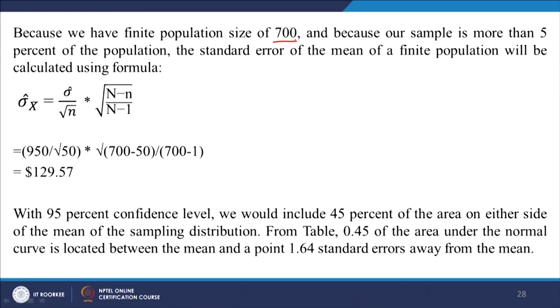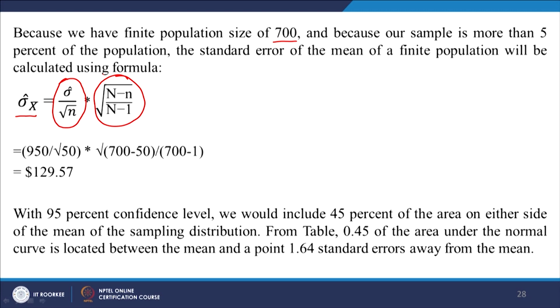So, in such a condition, the sigma x, or the standard error, is calculated in a slightly different way. Instead of only sigma by root n, which we earlier used, we multiply it with another factor, the root of capital N minus n divided by capital N minus 1.